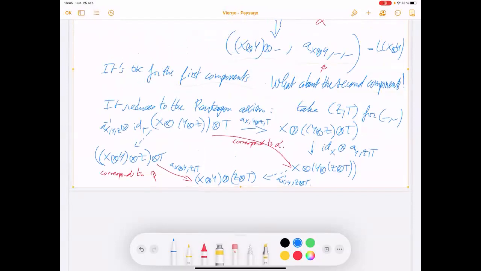Maybe there is no point to put inverse. We just need to go to the other side like that. Okay, so this is a pentagon axiom.